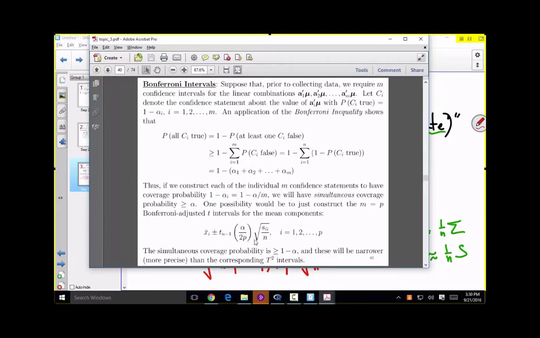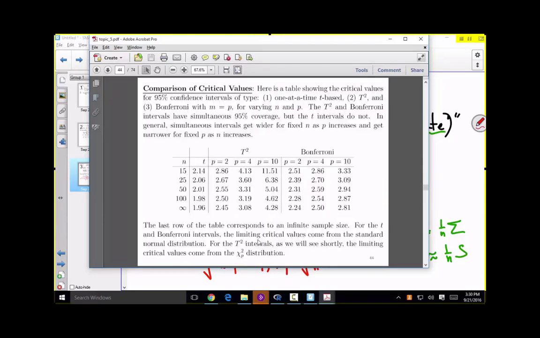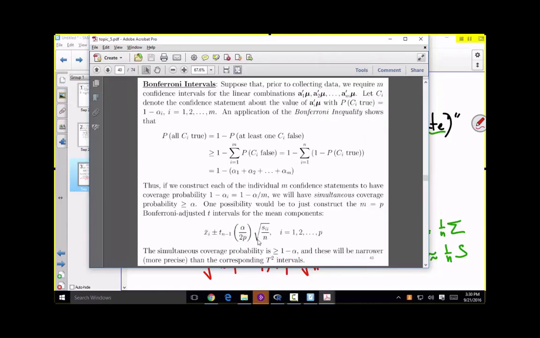Then the actual interval. Here is what you would do for a single one of your components, like variable i. You would do x bar i, the estimate, plus or minus a cutoff times the standard deviation of x bar i.